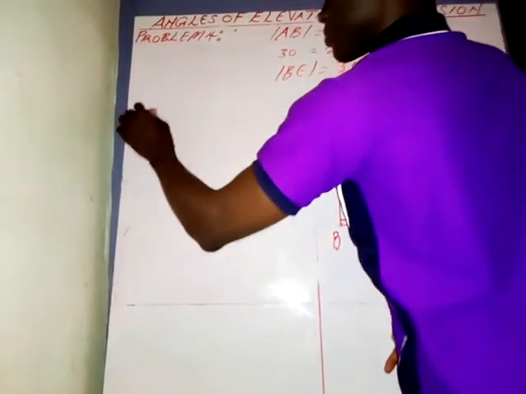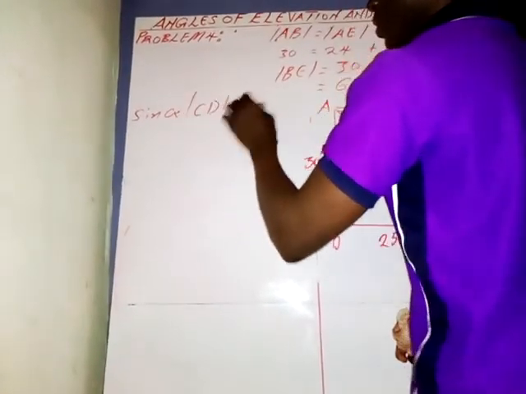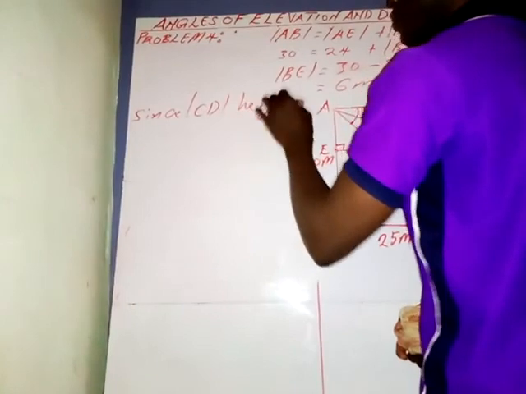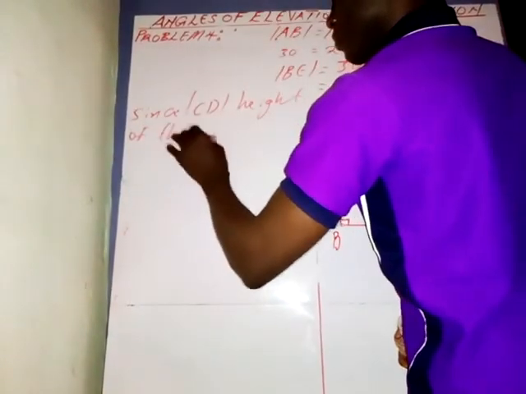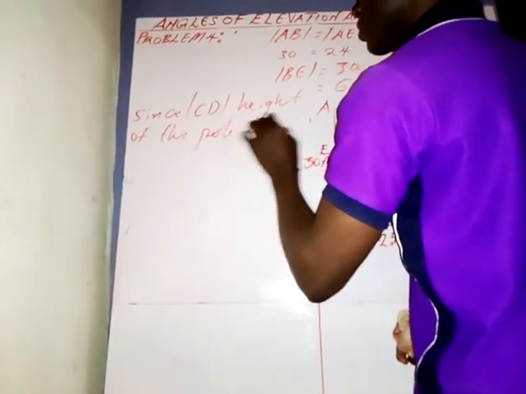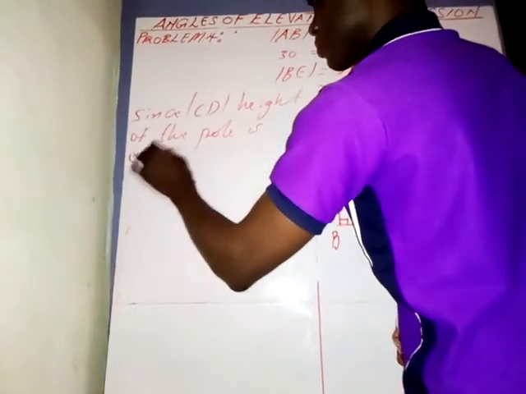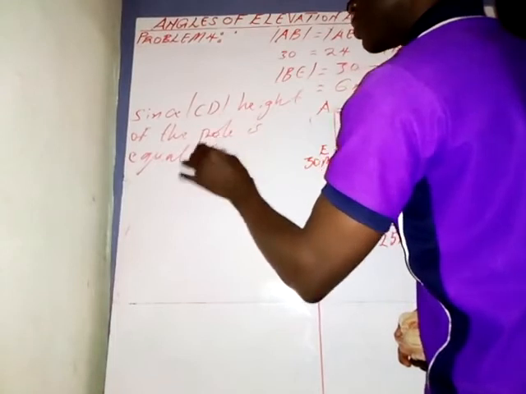CD, the height of the pole, is equal to BE.